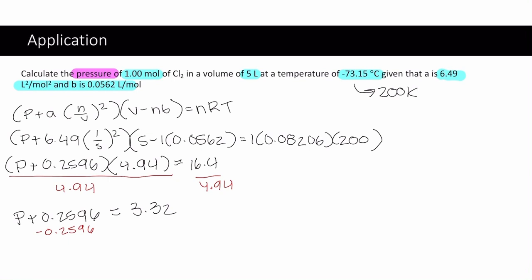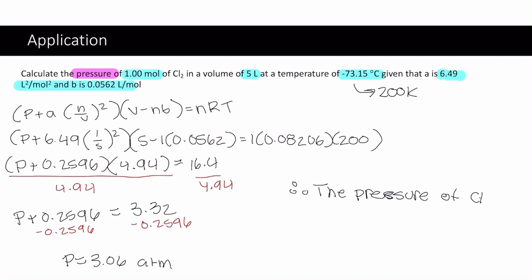This is going to give us pressure, which is going to equal about 3.06 atmospheres. So therefore, the pressure of chlorine in this question will be 3.06 atmospheres.